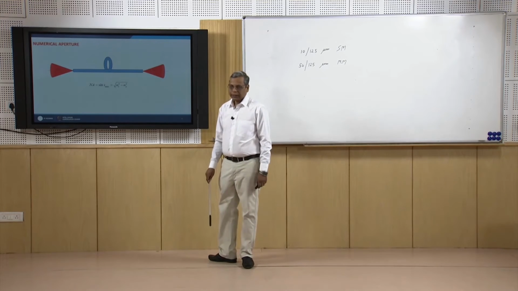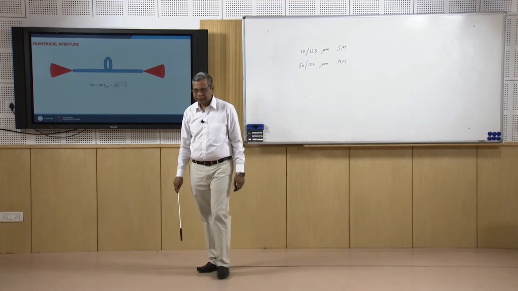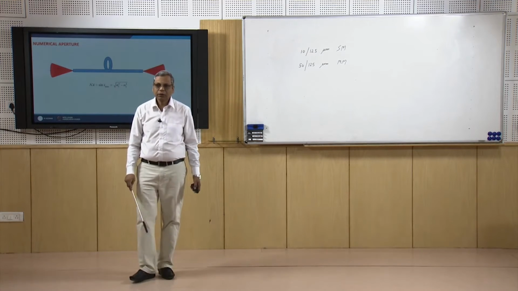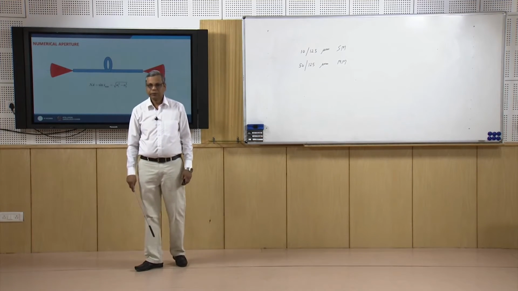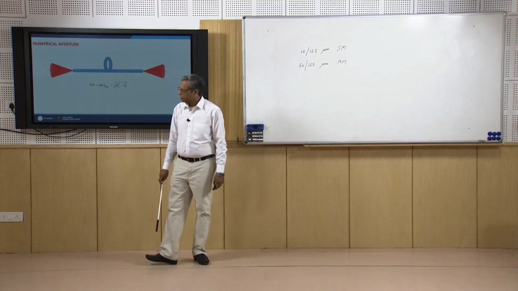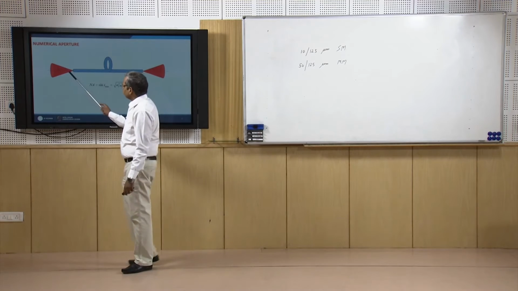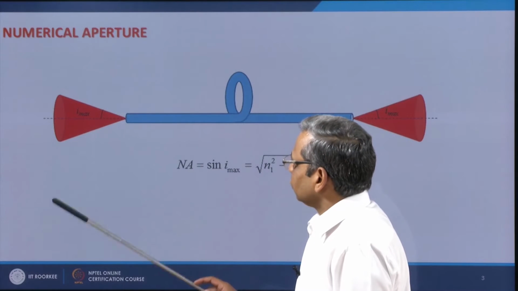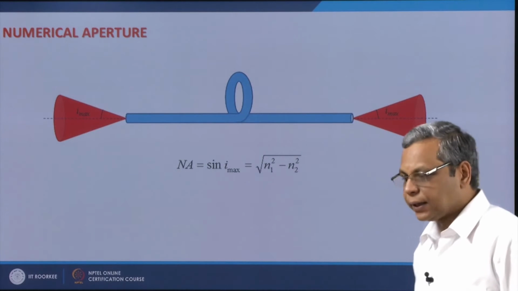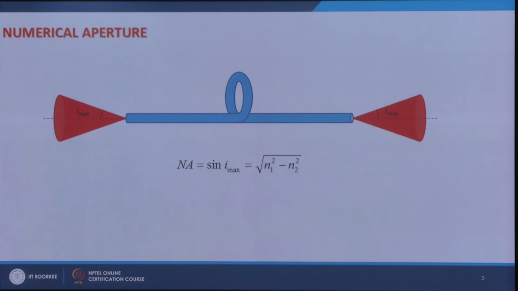We know what numerical aperture is. It basically signifies light launched at what angles would be guided through the fiber. So, there is a maximum acceptance angle. Light launched only in this cone will be guided, and correspondingly at the output end the light will emerge out of the fiber into this cone.